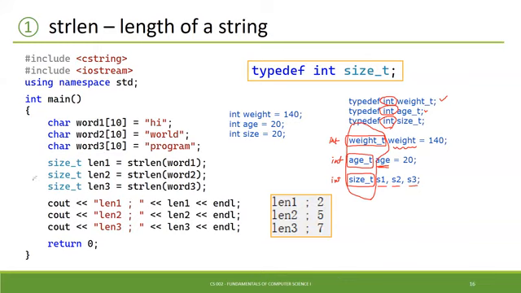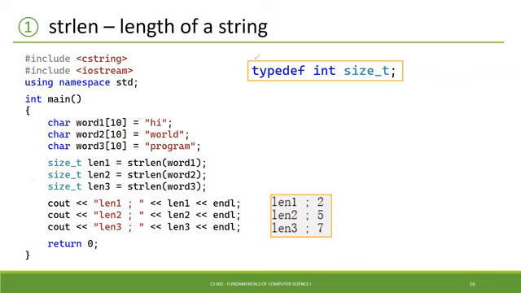Actually, the compiler has this information. So if you see size_t, just think this is an integer, and these variables will have some size information. If you use int instead of size_t, it is totally okay, no error.